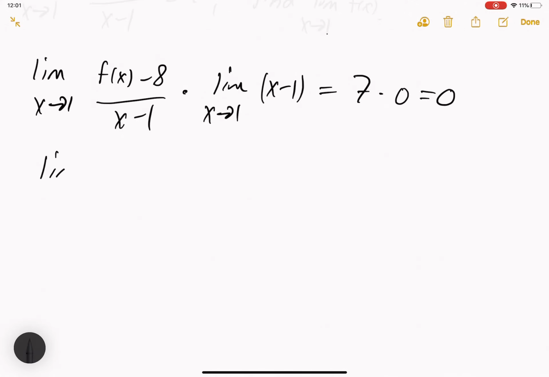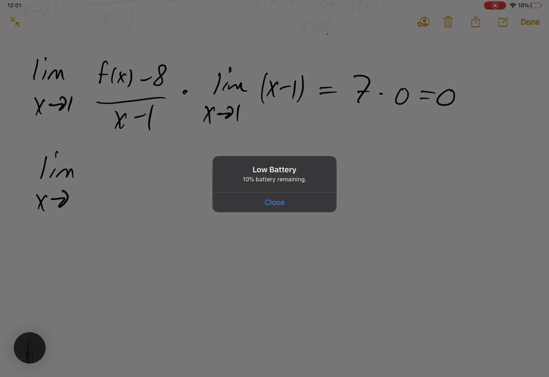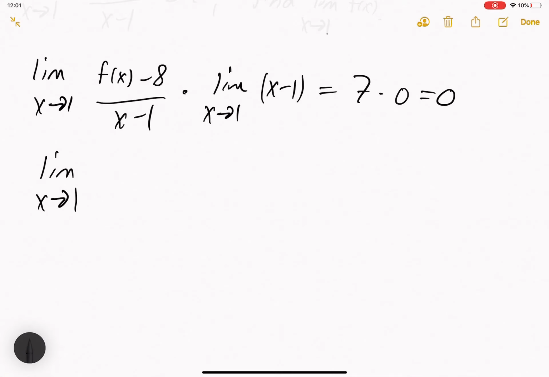So the limit as x goes to 1. Now we can use one of the properties: the product of the limits is equal to the limit of the products. Since both of these limits exist, which is why I multiplied by this to begin with, we can combine them.